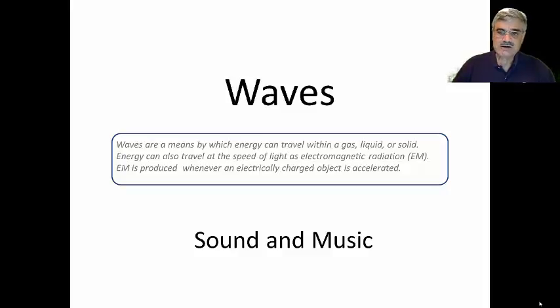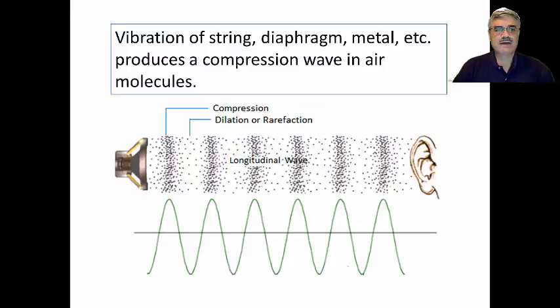Now, we said that sound was a compression wave, and let's go back and talk a little bit more about that. So when a string vibrates, or a diaphragm or a membrane of a speaker or a drum vibrates, or metal like of a tuning fork or cymbal vibrates, it produces a compression wave of air molecules.